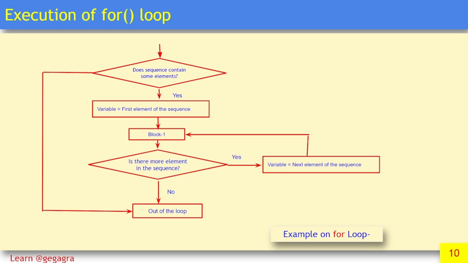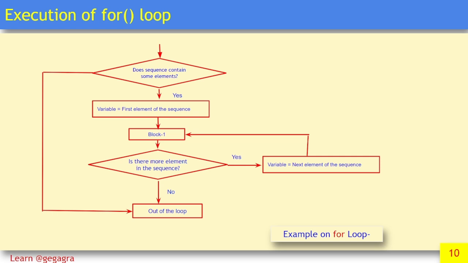If yes, then it will move to this. So the variable value is updated here to the next element of the sequence, then it will again come back to execute block 1, and after that it will check the condition whether it has more elements in the sequence. If no, then it will come to the end of the loop, meaning out of the loop, since block 2 is not there.